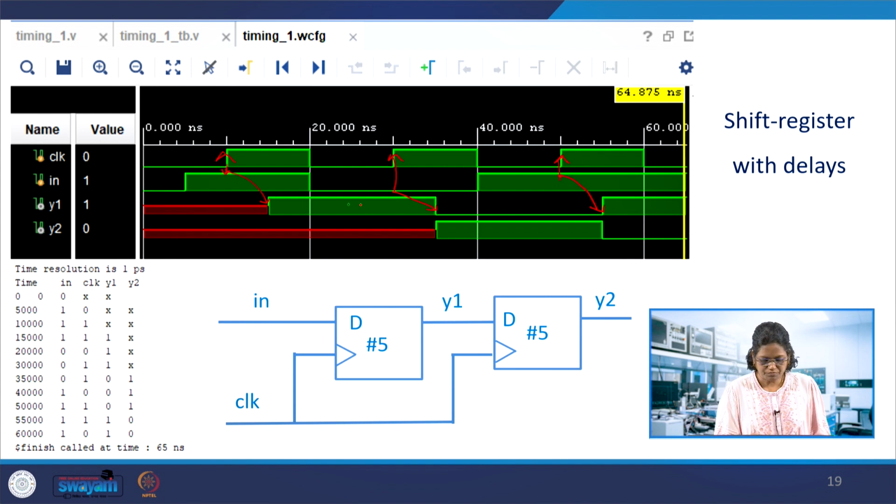Now, this y1 is as usual in the previous case, but it is not the immediate y1, it is the old y1 which is getting reflected here, which you can see at the next clock edge. Okay. So after 5 time units, you can see.